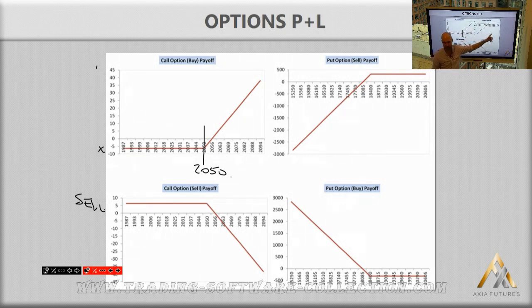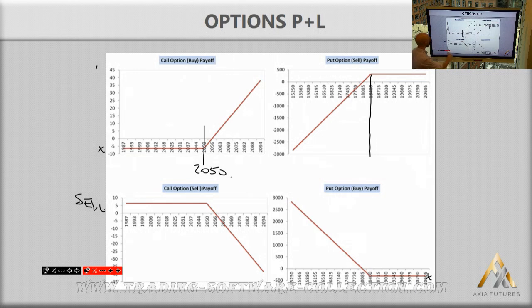It is only based on price. So you sell a put option, you're in the money until you hit the strike price, and then you're losing as soon as you drop through the strike price. Likewise, you buy a put option and you will buy it when we're at quite a high price. As the price falls, you then turn into the money and you start making money as prices continue to fall.